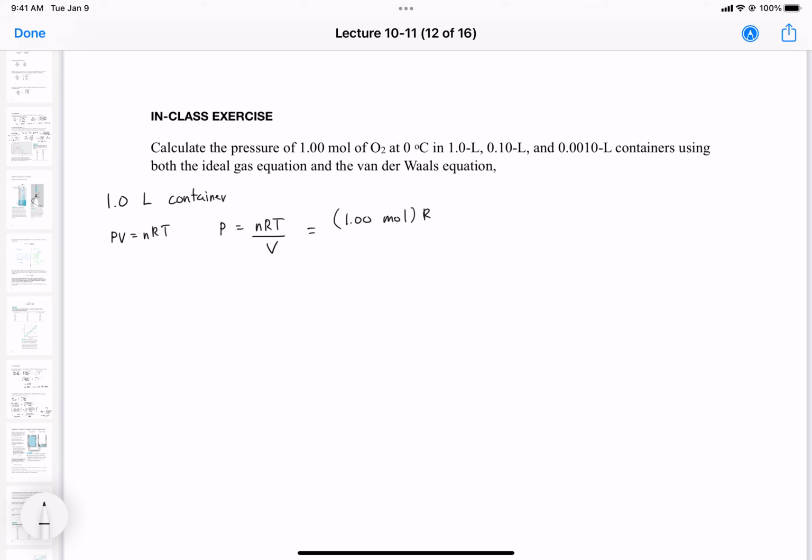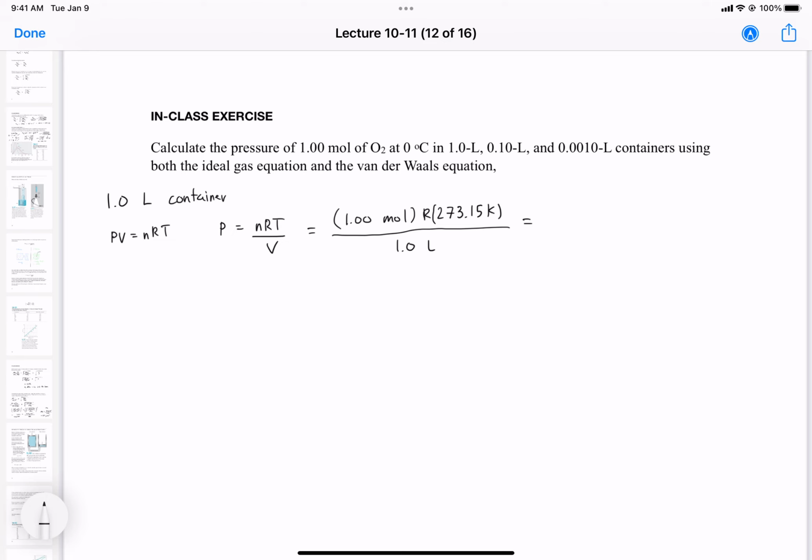We are very familiar with the R constant by now, 0.08206, and the units there. So 0 degrees is 273.15 Kelvin, and then divided by 1.0 liter.